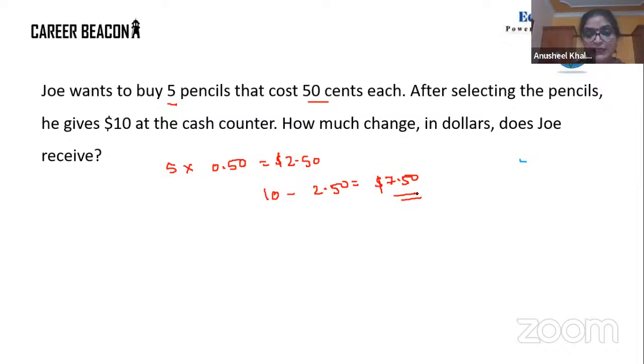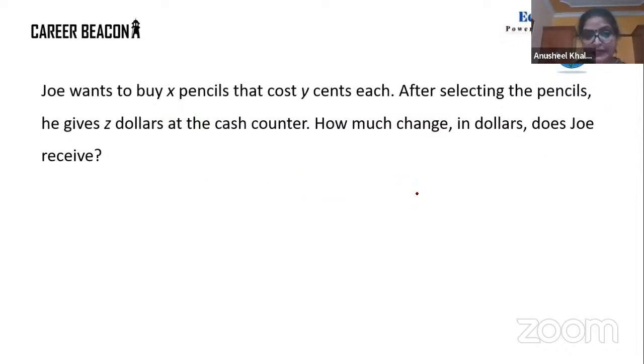Now on SAT, you won't get direct questions, right? So what College Board might do is convert this question using variables, into an algebraic question, right? Now, Joe wants to buy X pencils that cost Y cents each.